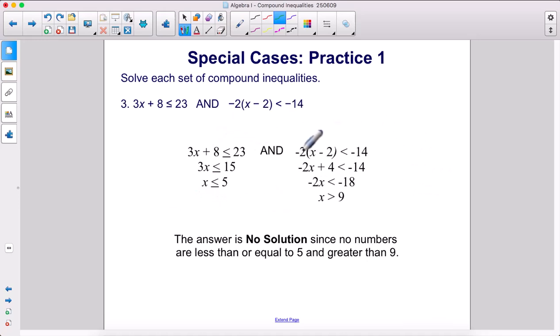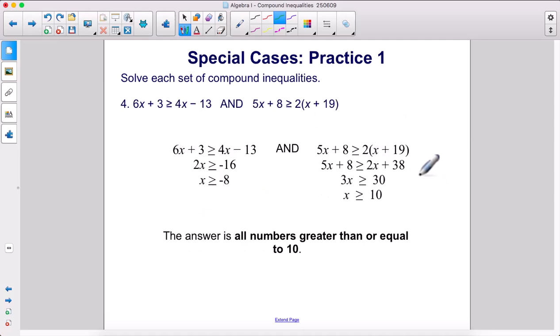All right, here we have another set. We solve the first one, we get x is less than or equal to 5. So here's 5, less than or equal, okay? If we solve this one, we get x is greater than 9. The answer is no solution, since there are no numbers that are less than or equal to 5 and greater than 9. Here we have two more inequalities.